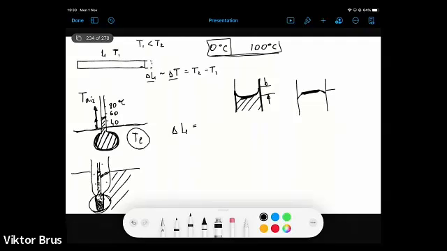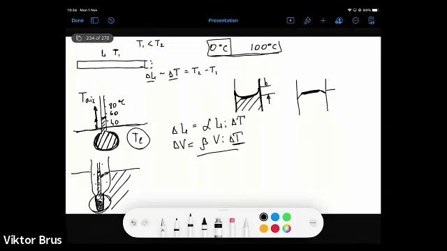some linear expansion of some material is equal to alpha times initial length, for instance, times delta T. Or for volume, we can write delta V, the change in volume, is beta, the volumetric thermal expansion coefficient, times V initial times delta T. So that means that we consider linear dependence of expansion versus change in temperature.